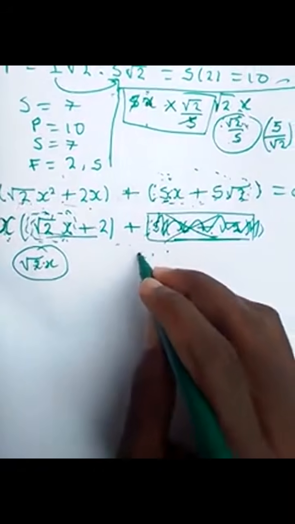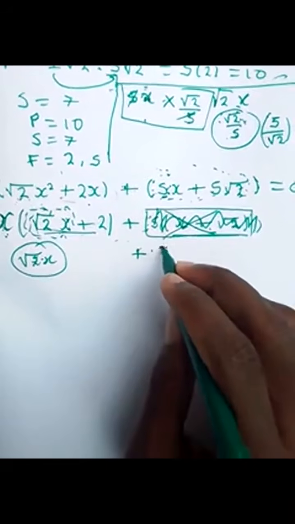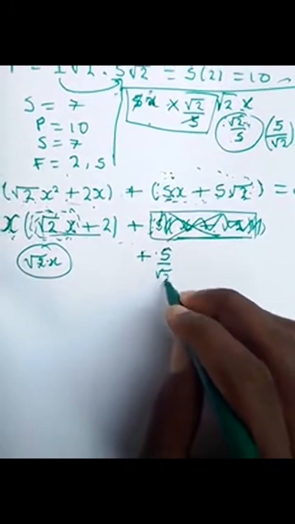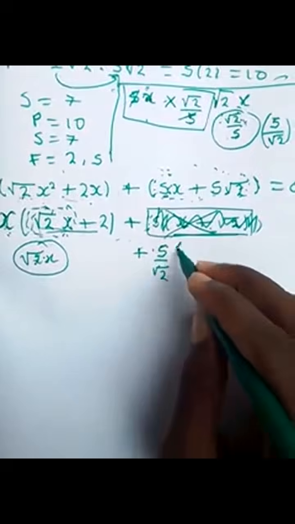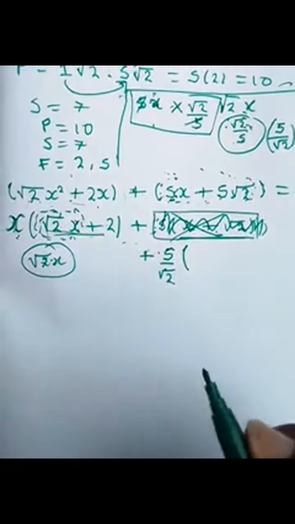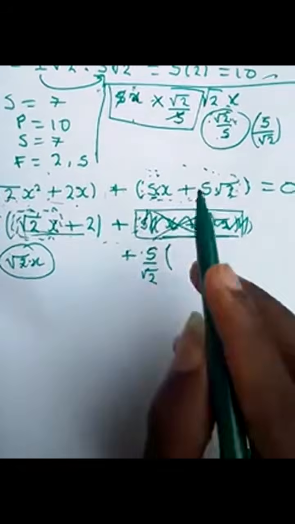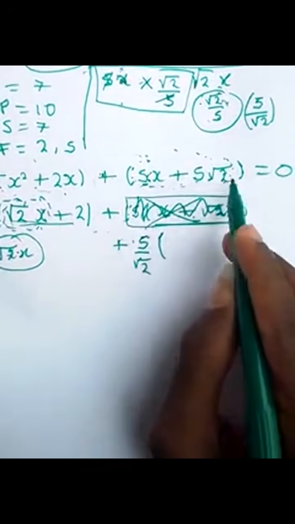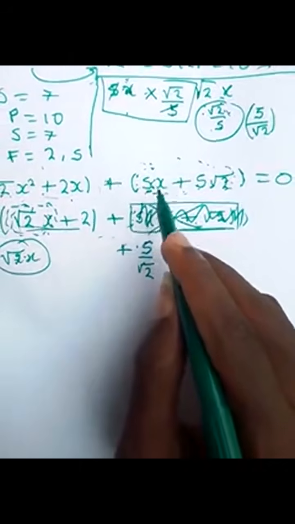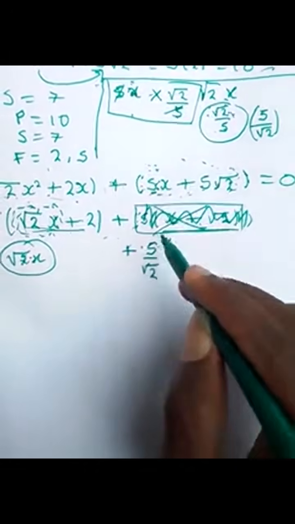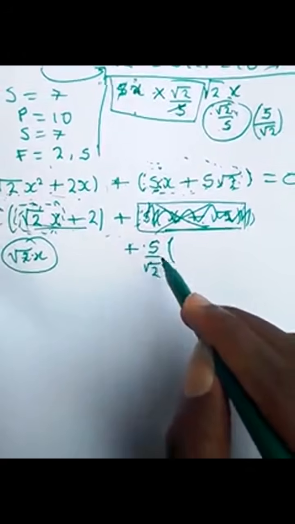So it's going to look like this. 5 over square root of 2. Now, why have I written like this? Because when you are factoring out, we are simply dividing throughout. So I'm simply telling you that I'm dividing this value and this value by 5 over 2.